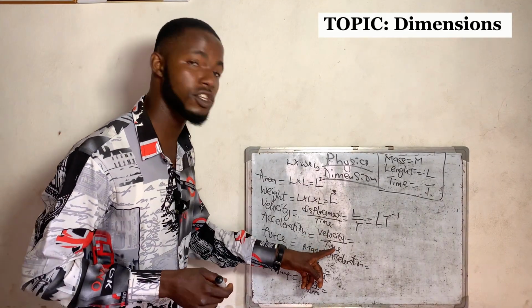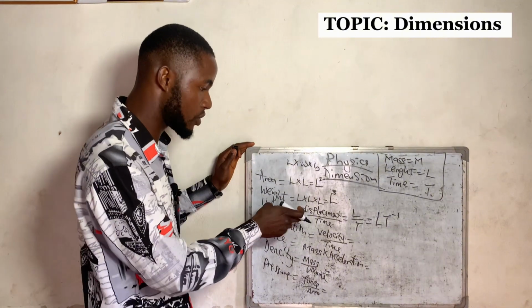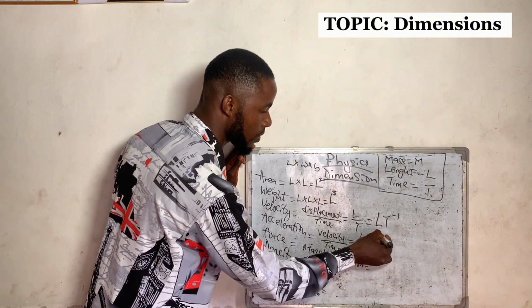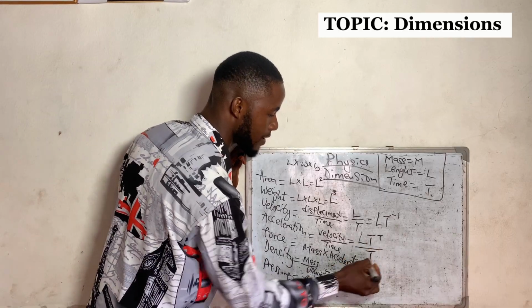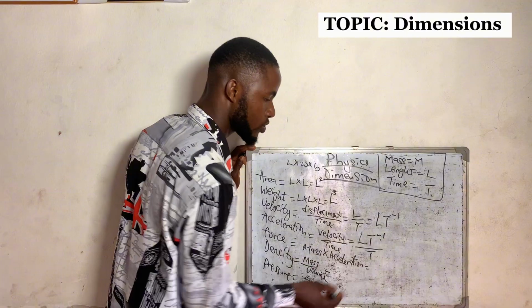Acceleration is velocity over time. So no need of looking for velocity, since we have our velocity to be L T raised to power minus 1 over T. This T is the time. So what do we have now?